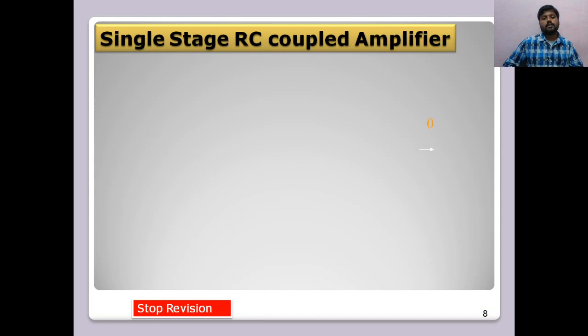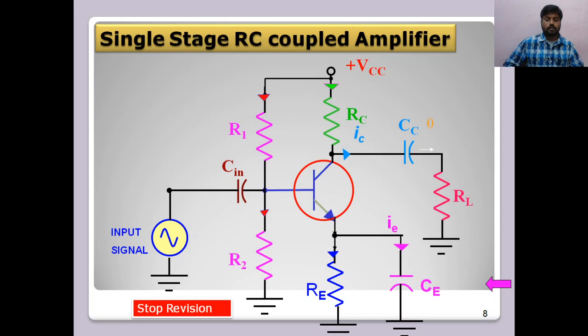Let us see a single stage RC coupled amplifier, which we have discussed in the last class. We'll just rewind yesterday's class. Here you see the single stage RC coupled amplifier. See here, the input signal is applied here, and Cin is an input capacitor, and it is applied to the base of the common emitter transistor.